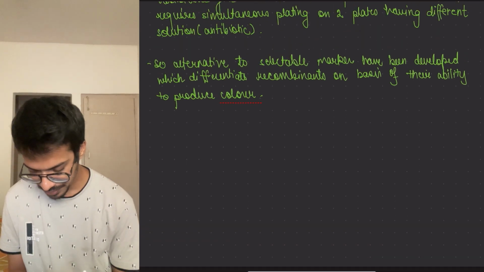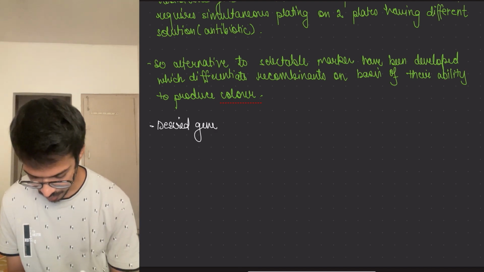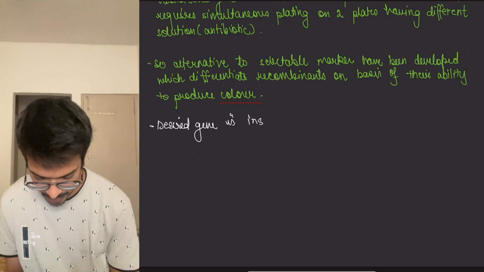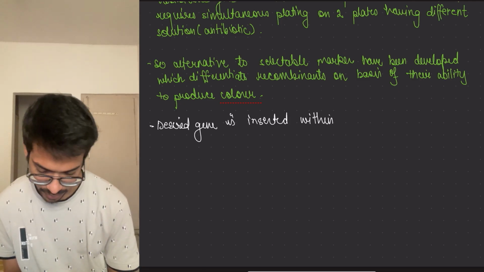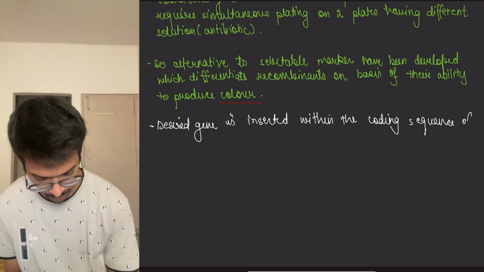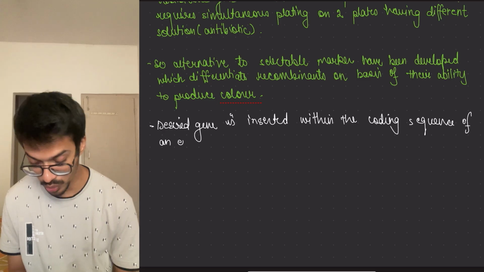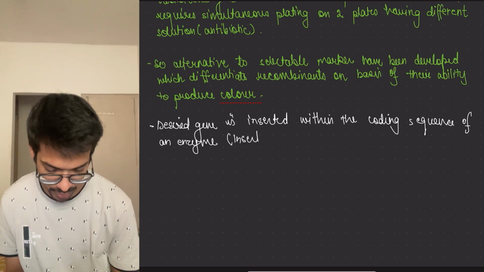So what are they? The desired gene is inserted within the coding sequence of an enzyme which produces color. Okay, enzyme. This is what we are doing.